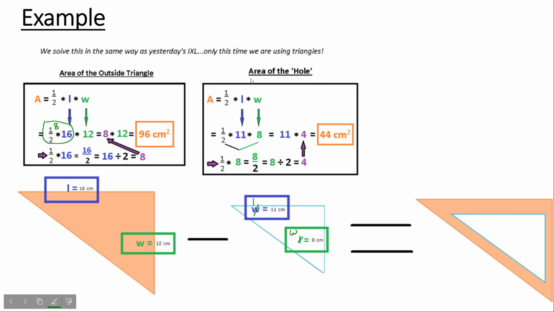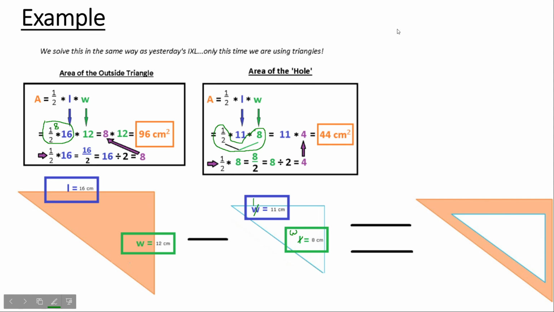Not much, but let's try and make it easier. So we do 1/2 times 8, 8 divided by 2, which we know is 4. So this 1/2 and this 8, I'm replacing with this 4 right here. We take the 11 times the 4, and that gives us 44 square centimeters.